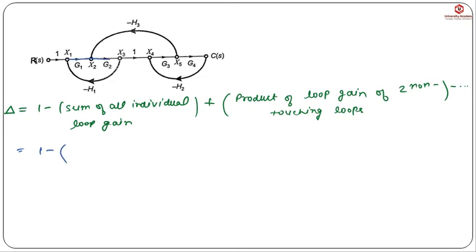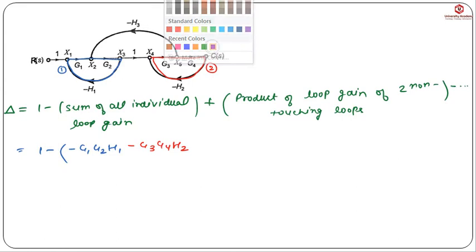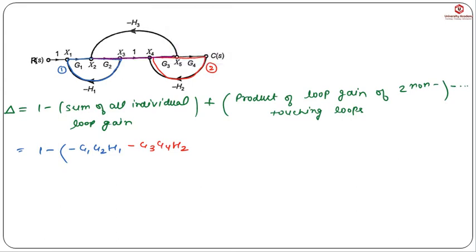So this was the first loop, and the gain of this loop is minus of g1 g2, then we have h1. Then this is the second loop, and the loop gain of this loop is minus of g3 g4, then we have h2. And this is the third loop, and the gain of this loop is again minus, we have g2 g3 and then we have h3.